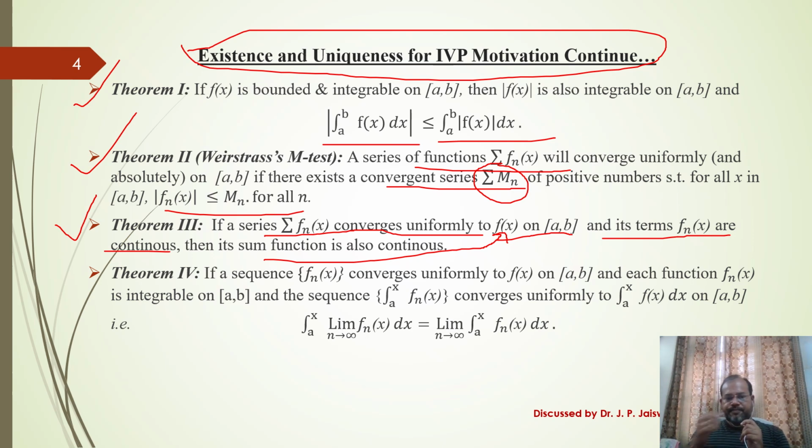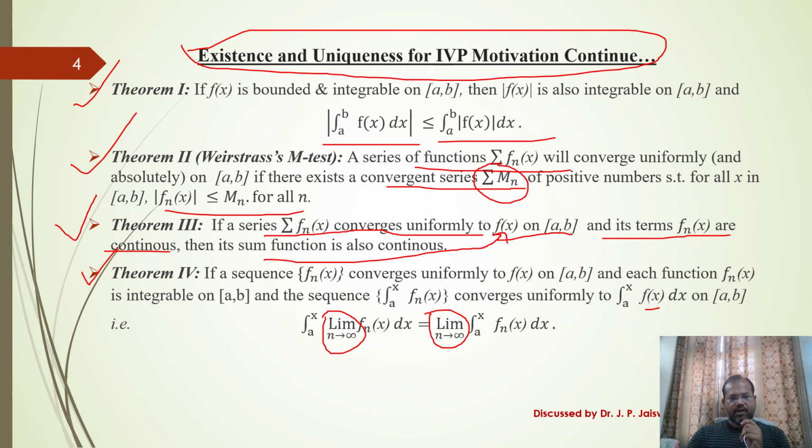Next theorem is about the condition under which the limit may be exchanged from inside to outside when integration is used. So if fn(x) converges uniformly to f(x) on [a,b] and each fn(x) is integrable, then the sequence integral from a to x of fn converges uniformly to the integral from a to x of f. What is f(x)?